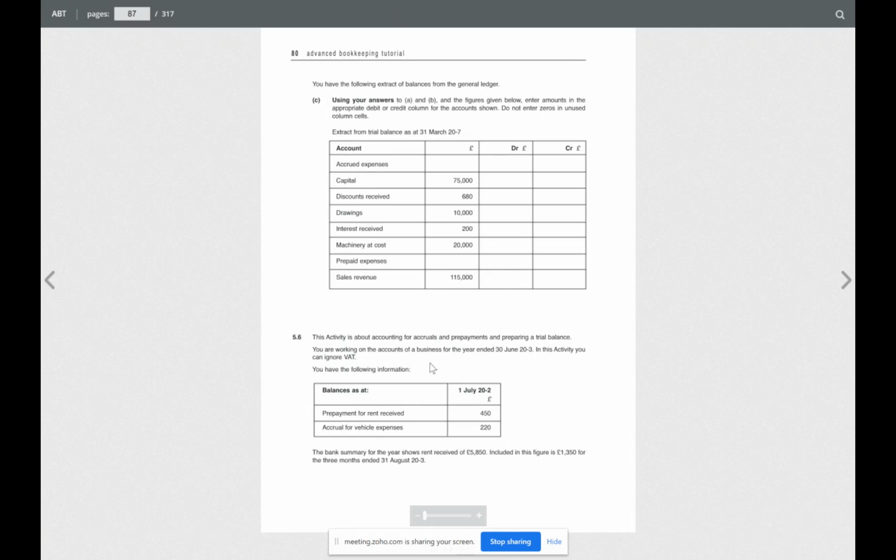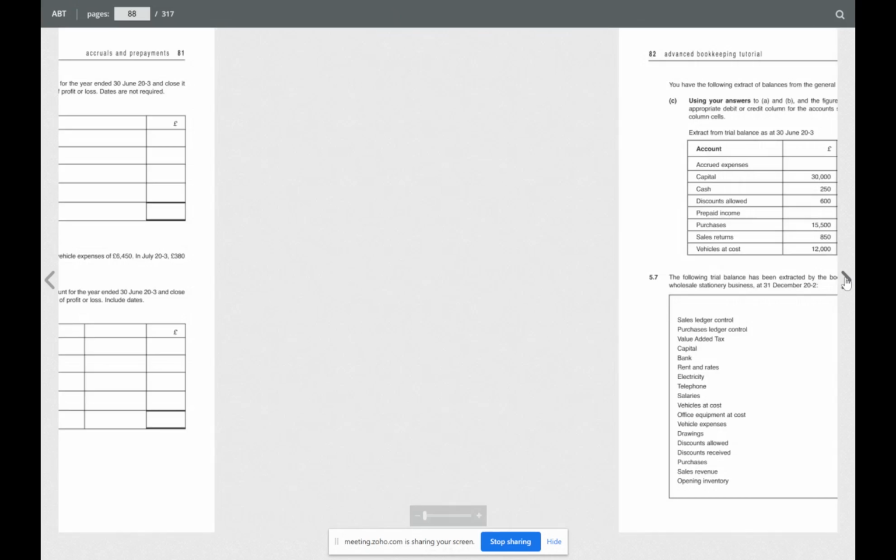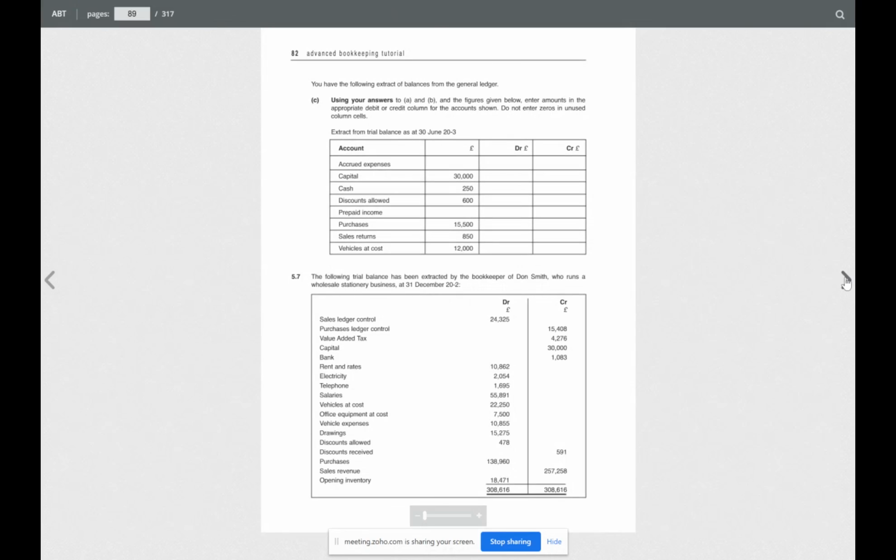Okay. So this is how you solve this question, and this kind of question is 100% in the exam. 5.6 is exactly like that, and I would like you to do it by yourself. And then 5.7 is a question about putting figures into the extended trial balance.